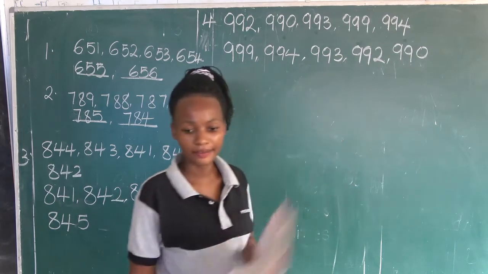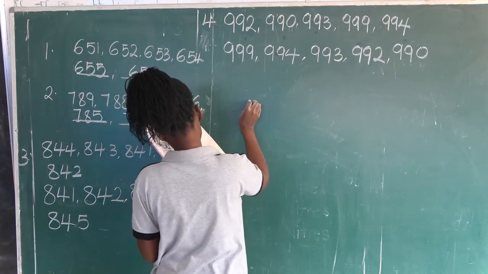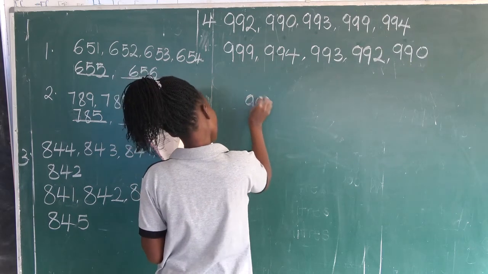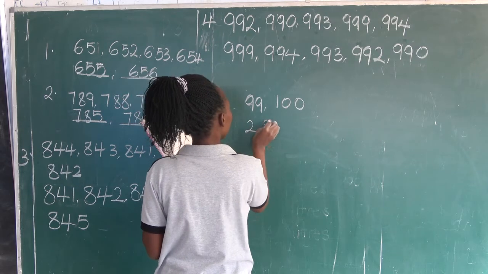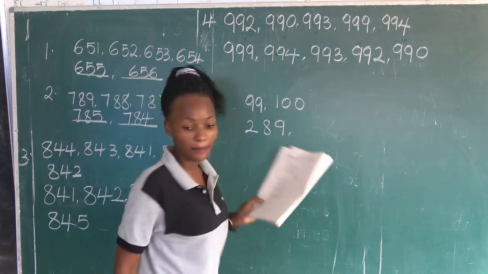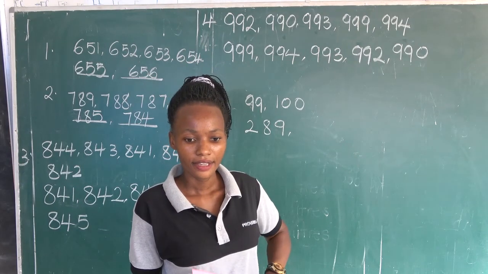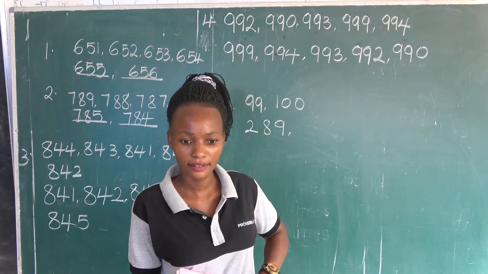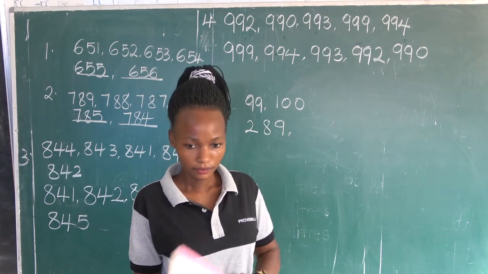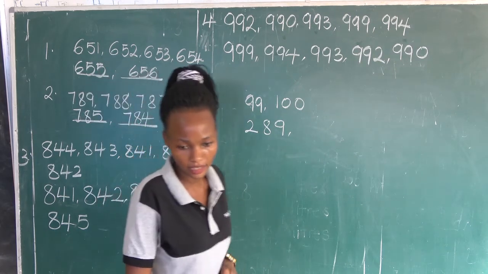Write it there. Then we got the next one. We have 289. Which number comes after 289?